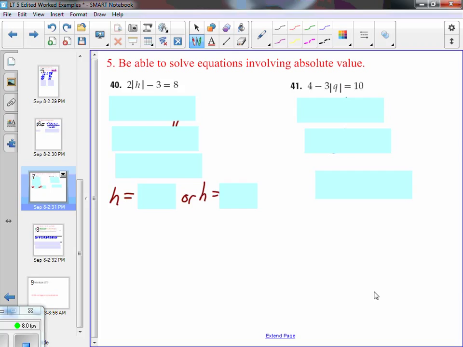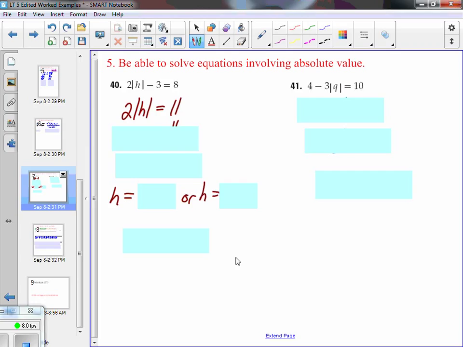That's what we have to get before we set up our two equations. Just think of it as if I'm solving for the absolute value of h. I'd add 3 to both sides. There's no more -3 on the left, and when you add 3 to the right, you get 11. So 2 times the absolute value of h equals 11.